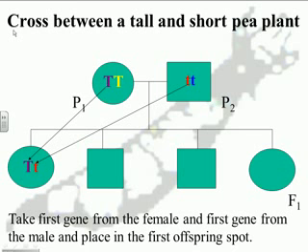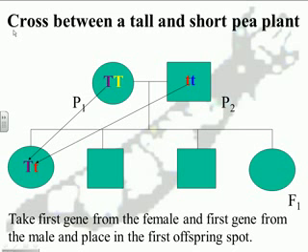Because when Mendel did crosses, he got about 1,000 offspring every time he did a cross. Can you imagine having to draw 1,000 squares and circles? That would be very time-consuming and lots of paper. So I told you what it wasn't. Now I want you to write down what it is showing us.